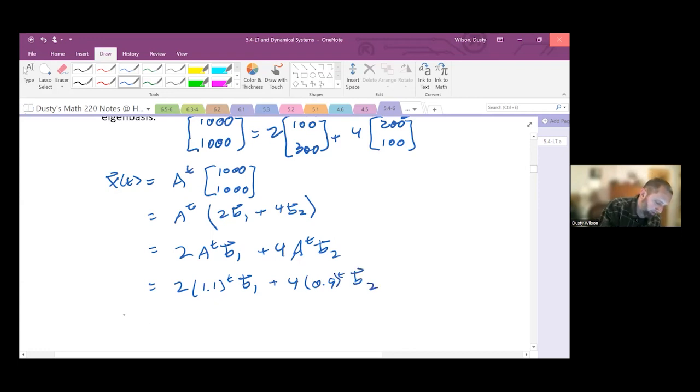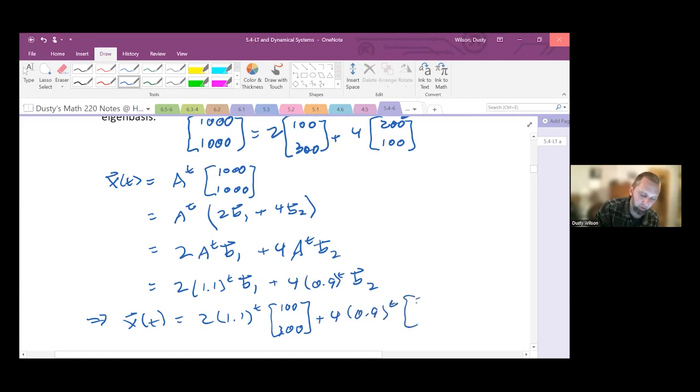Or in other words, our x of t has a closed form of 2 times 1.1 to the t times 100, 300 plus 4 times 0.9 to the t times 200, 100.